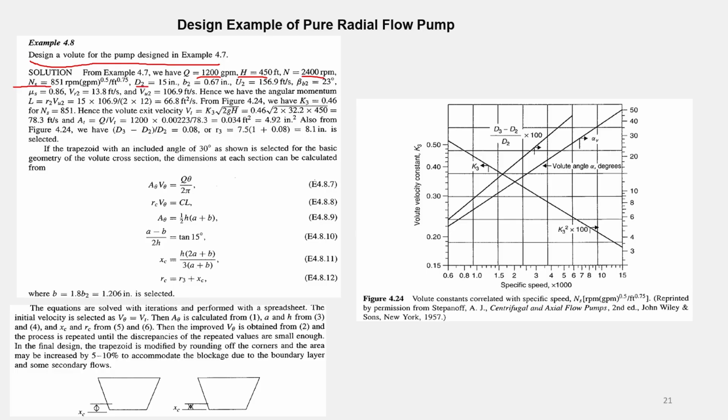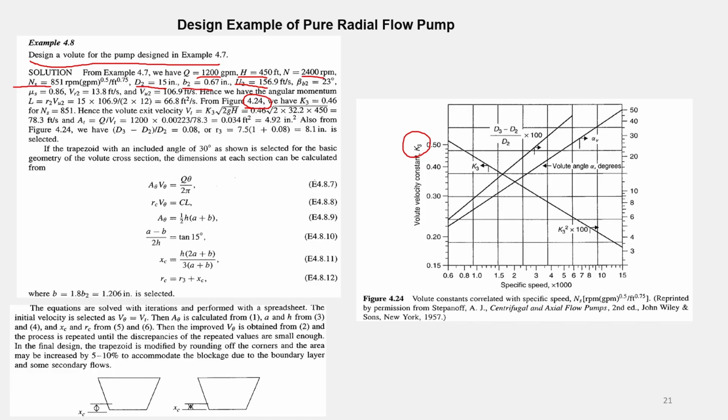We calculated the diameter of the outlet configuration from the required head, then the blade height, the rotor speed, and then beta plate 2. From figure 4.24, from all of this information, we can get K3. We have obtained K3 as 0.47.